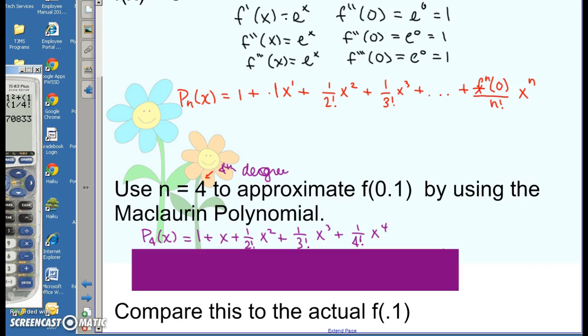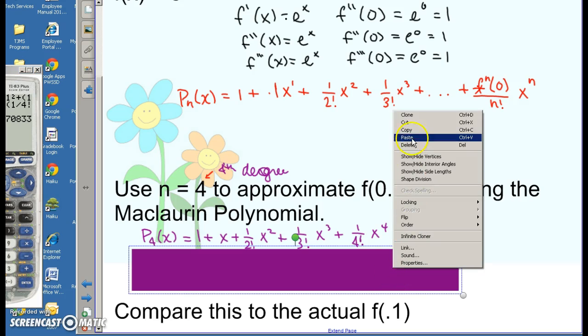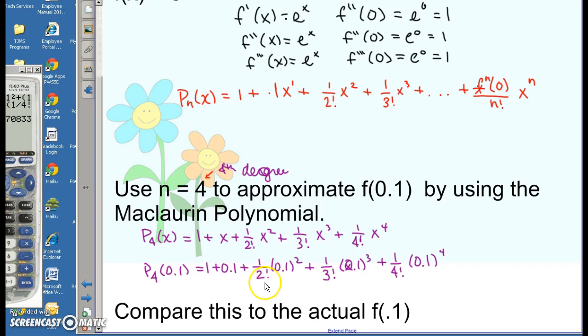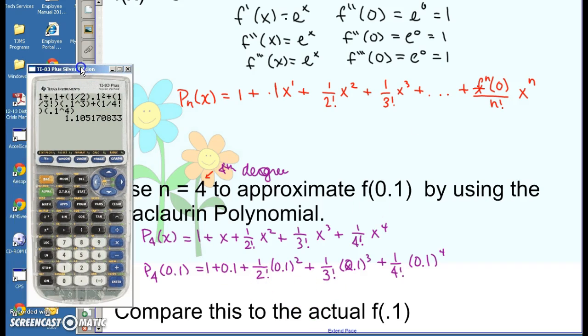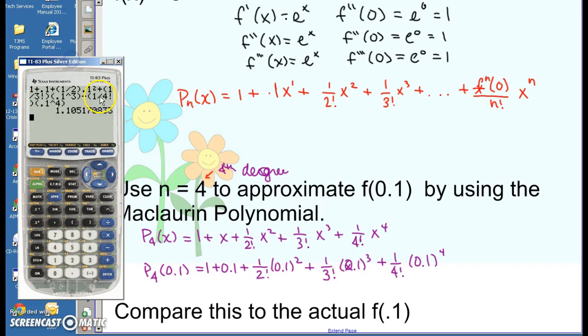So we've got our polynomial, and we need to approximate f of 0.1. So we're going to plug in 0.1 for x. And then we're going to grab our calculator, plug that in, and evaluate it. You can use your factorial key, or you can actually figure it out since those are pretty small numbers. So 2 factorial is 2 times 1, 3 factorial, 3 times 2 times 1, so on and so forth.